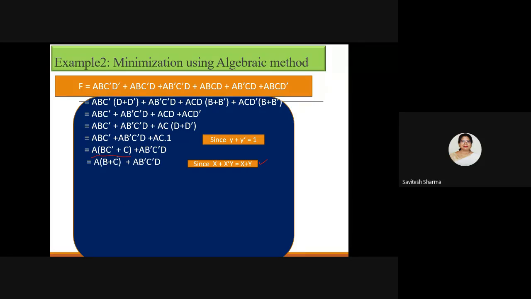So here you see that C and C complement are present. So you can apply this theorem. So you will write B plus C. Okay. So this is called the consensus theorem. Already I told you it is the consensus theorem.